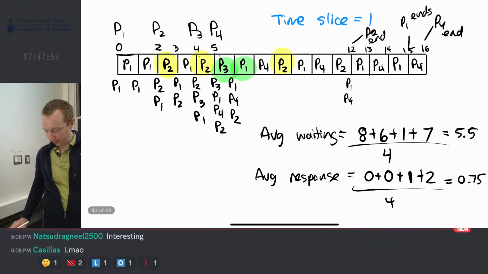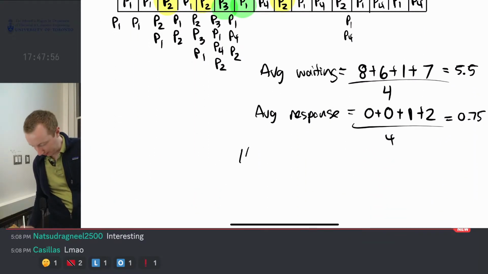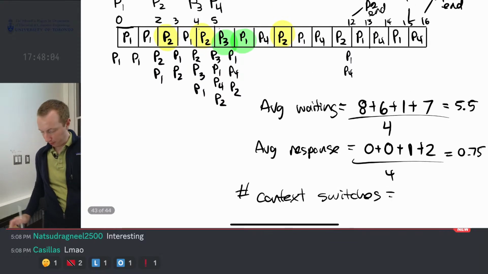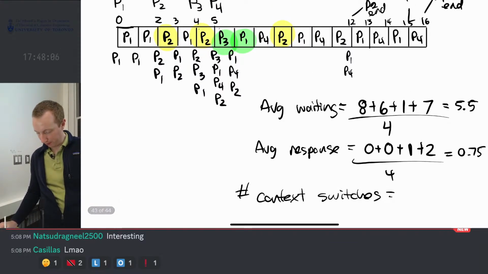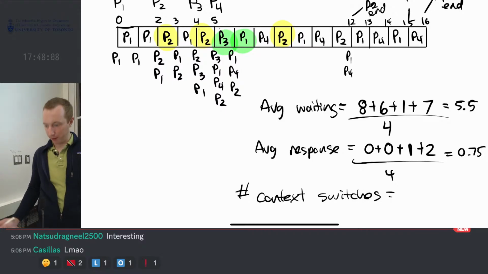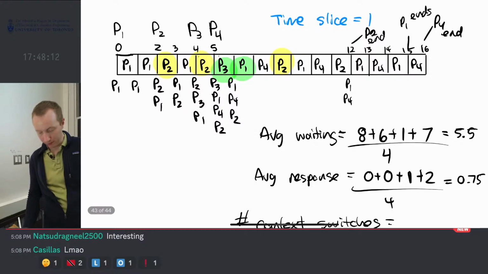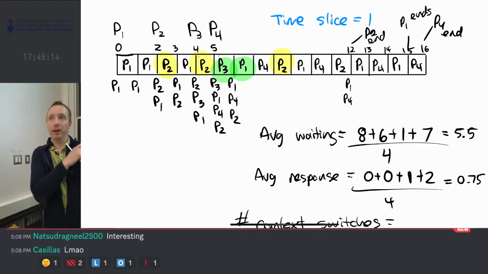Last thing we have to get is the number of context switches, which is real fun. So, number of context switches. Same thing, we'll use our good old red line and start counting. 0 doesn't count, and also changing from process 1 to process 1 is not a context switch.